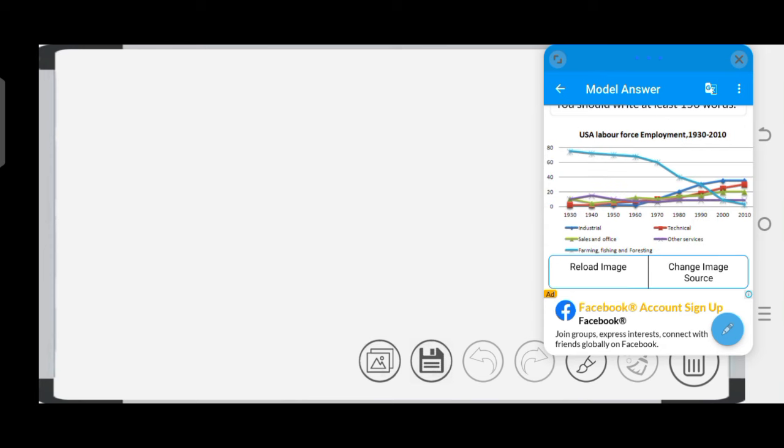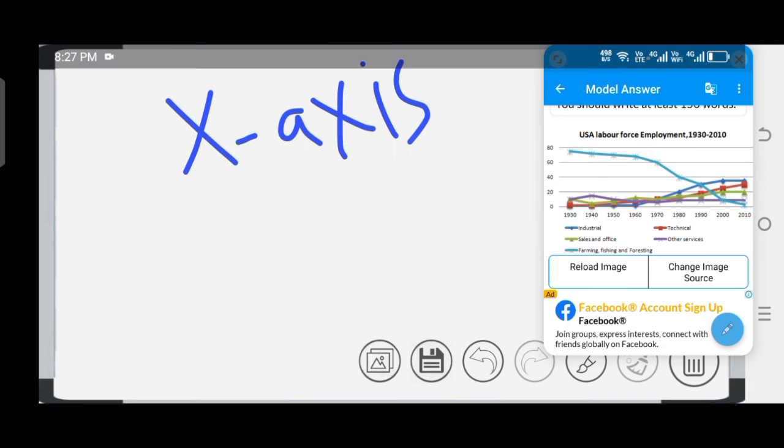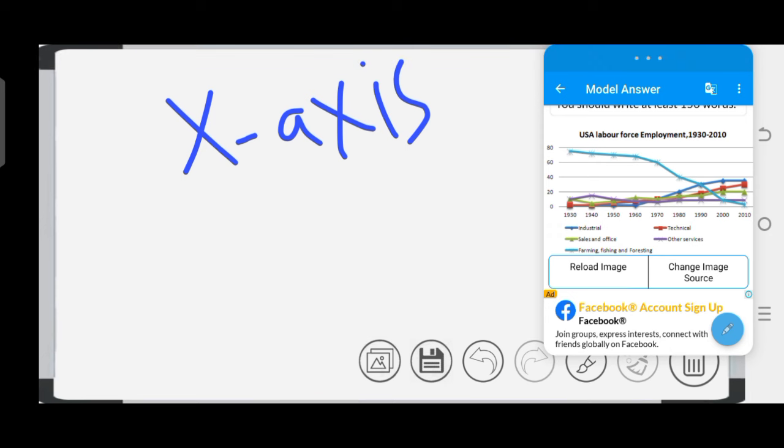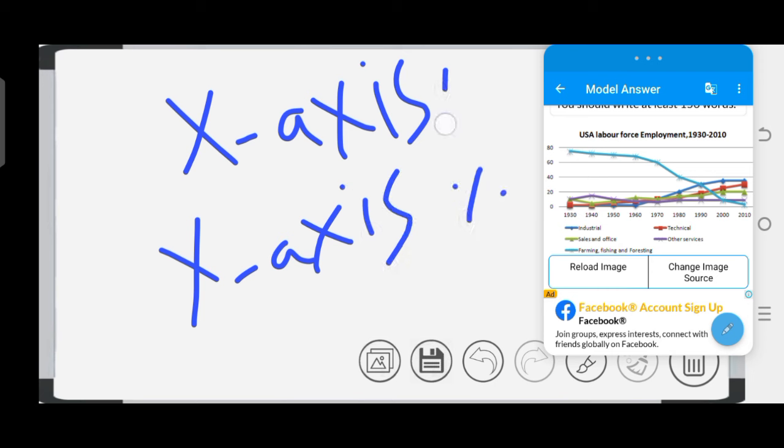First of all, whenever there is a graph like this, you have to read what is on the x-axis, which is in this case the years, and what is on the y-axis, which is the percentage. Okay, so percentage and years.